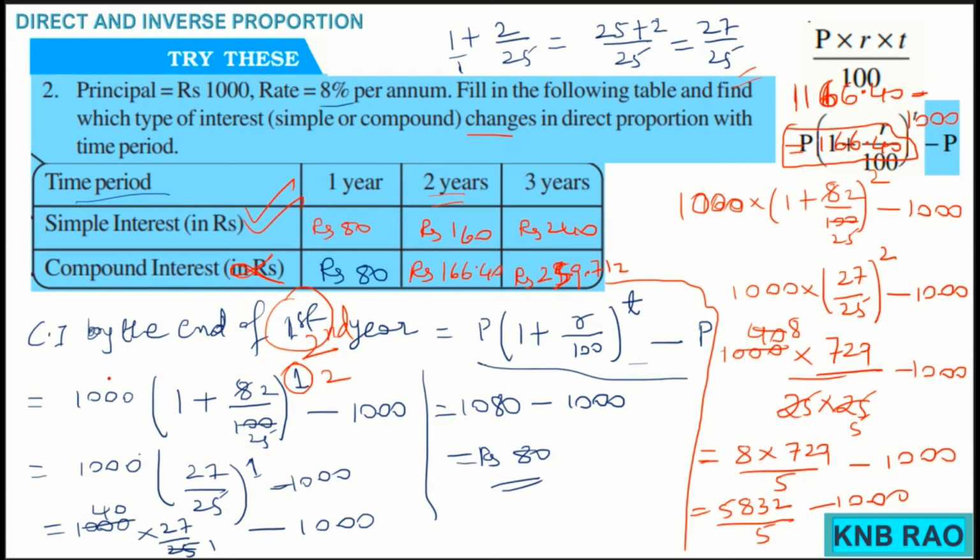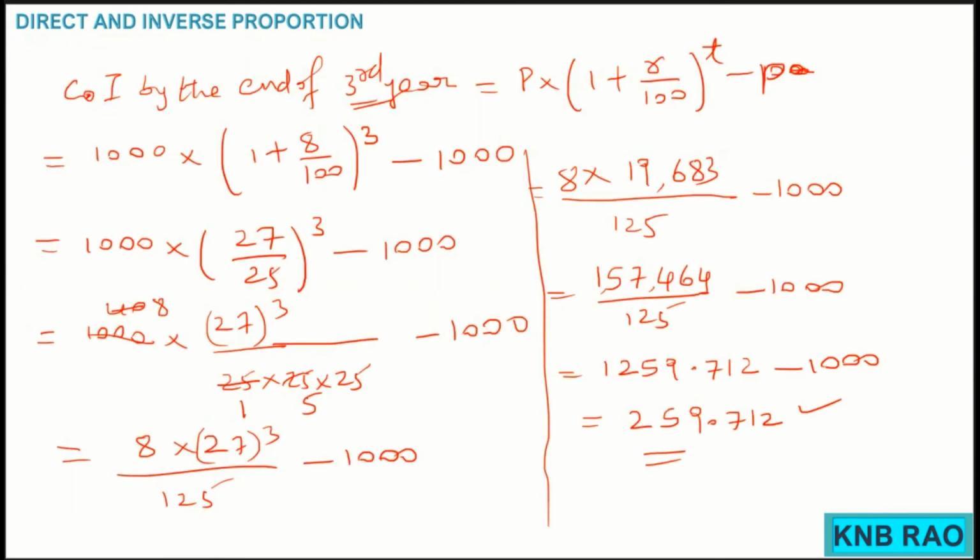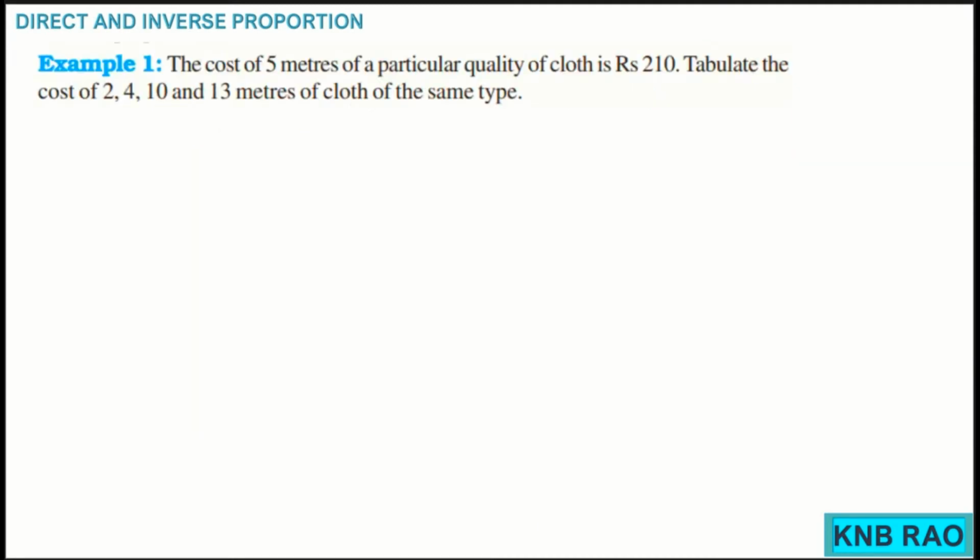This you could recognize. Now children, coming to the example questions. First I will take example number 1, from the textbook. The cost of 5 meters of a particular quality of cloth is rupees 210.